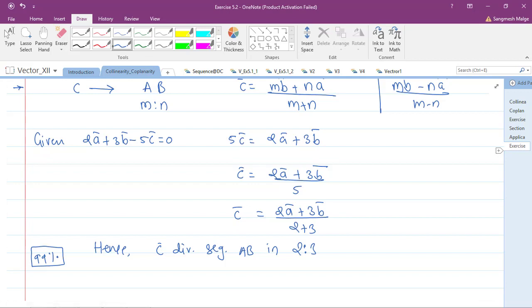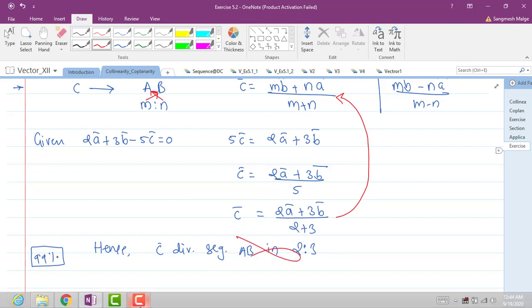But my dear friends, have you observed this part here, which we get from our trick, mB bar and nA bar? m is the coefficient of B bar, always remember, and n is the coefficient of A bar. So this is definitely wrong. What is correct then?